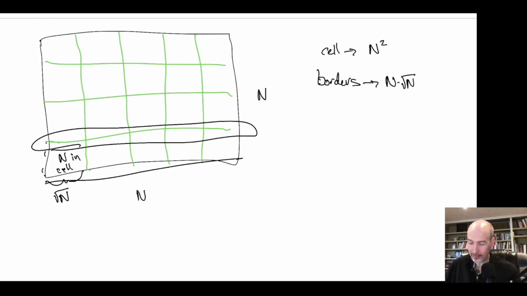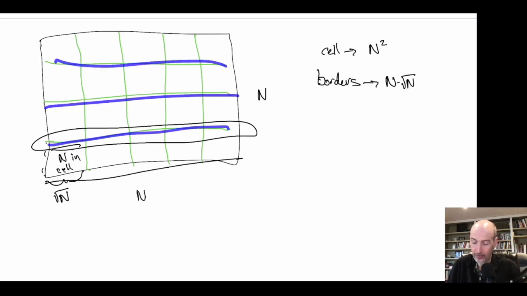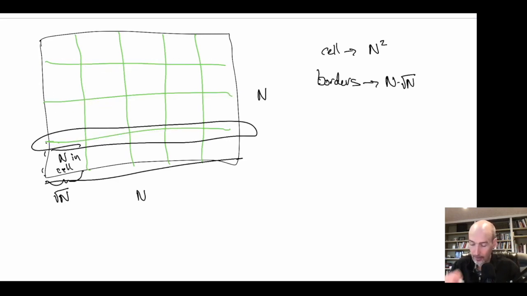We can then think about storing the all pair shortest path between all of these borders, and that basically is going to tell us that we're going to need n cubed for the all pairs shortest path.